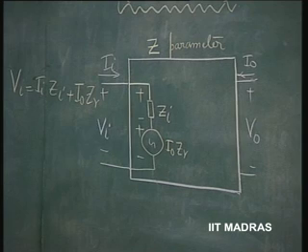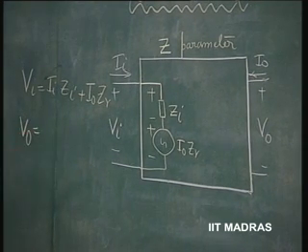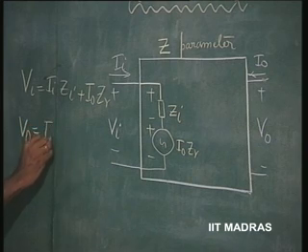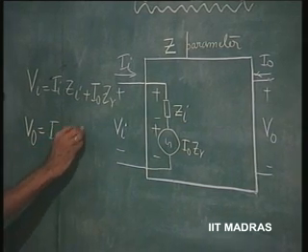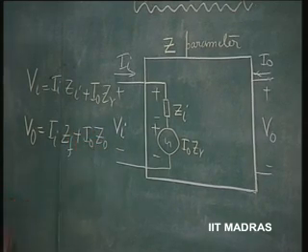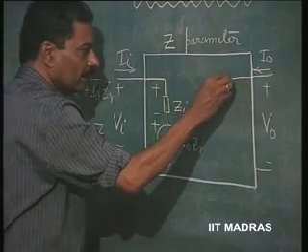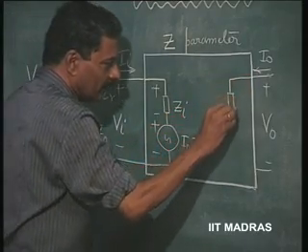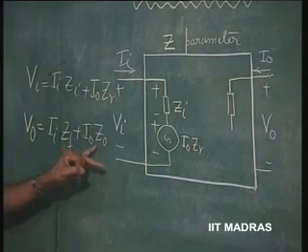At the output, we have the equation which is V0 equal to Ii into Zf plus I0 into Z0. Again, a summation of two voltages. Through one there is a current flowing, and that is I0 into Z0.